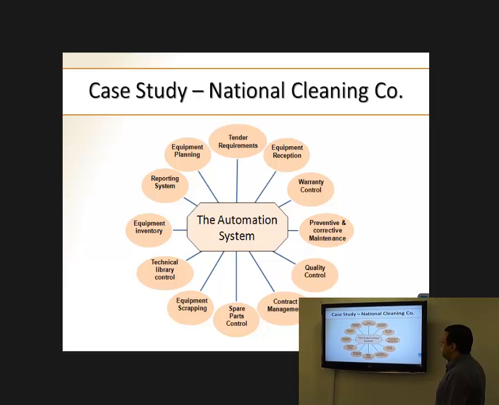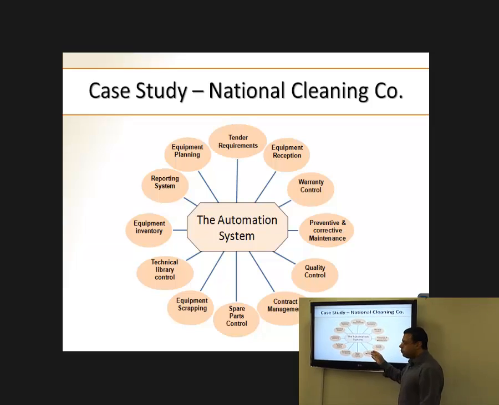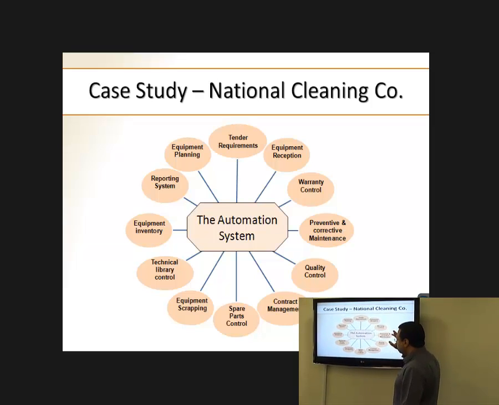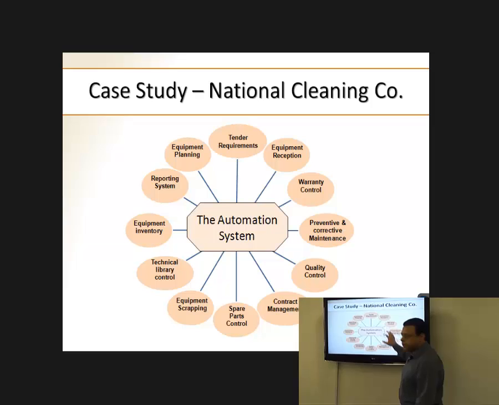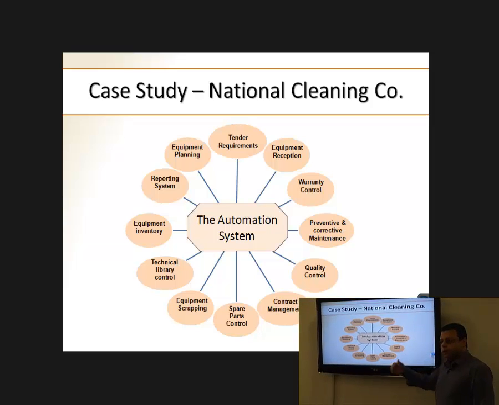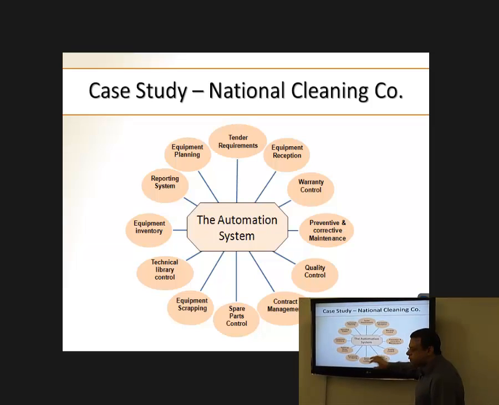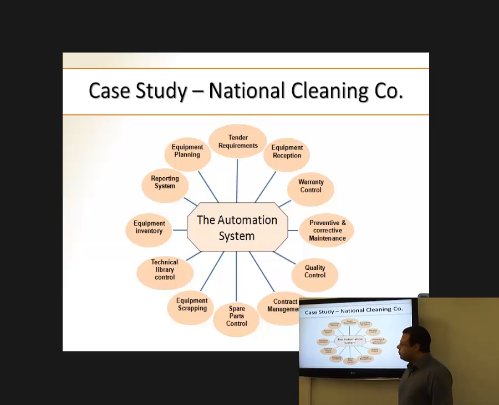How can we give the benefit of the automation system? I think it will cover everything, but we hope in the future we can move smoothly and, step by step, put all modules in our database.